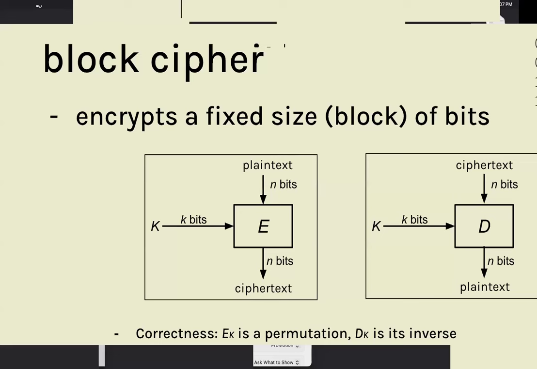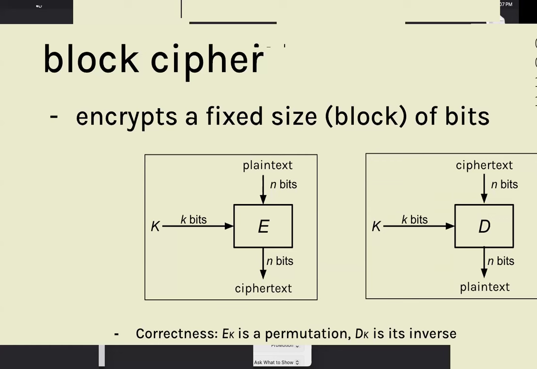Why does it have to be a permutation? Why can it not be something else?